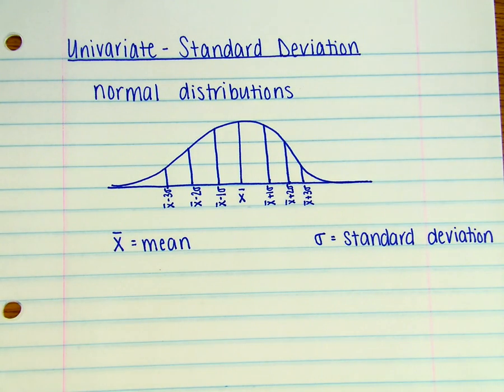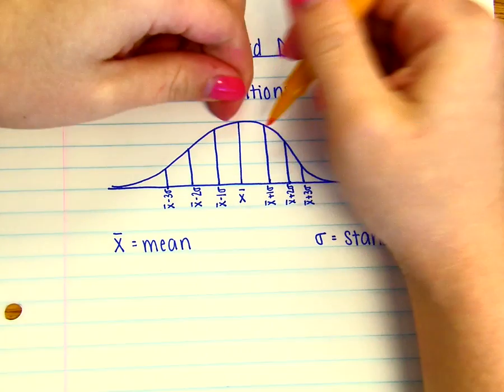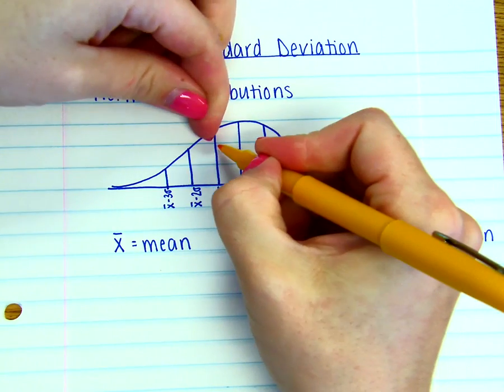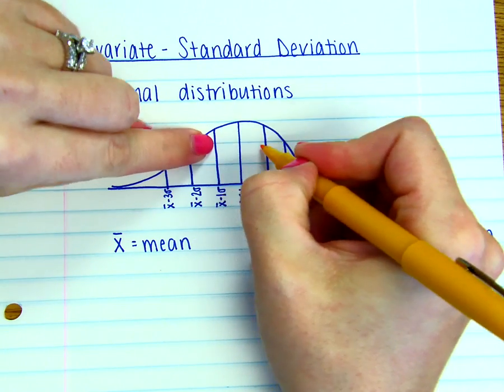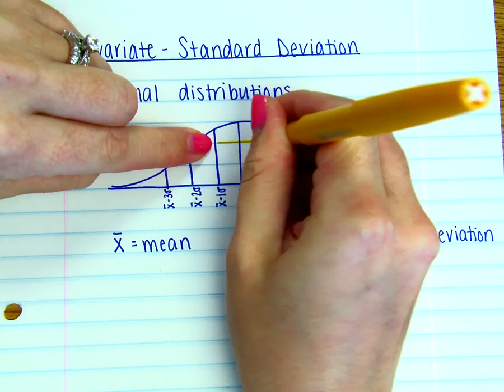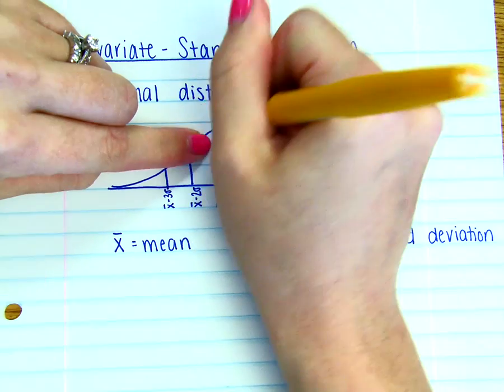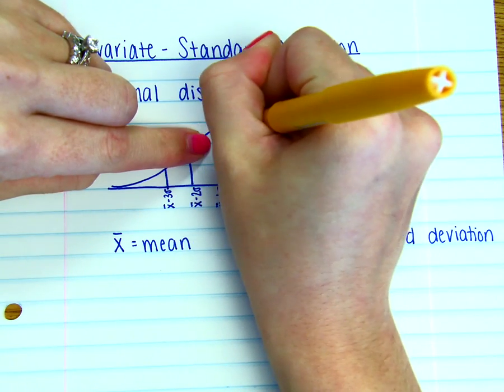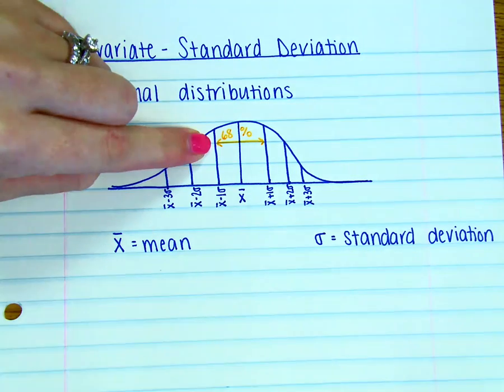Each section of the normal distribution curve represents a specific amount. Okay, so in between these first 2 lines, between 1 standard deviation to the left and 1 standard deviation to the right, this represents 68% of the data.